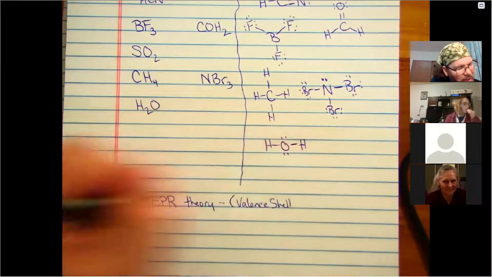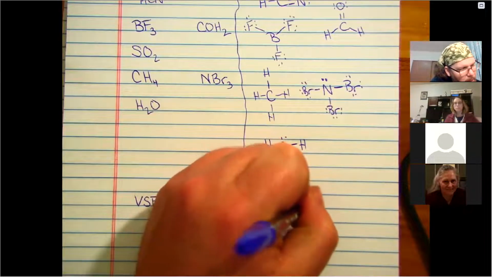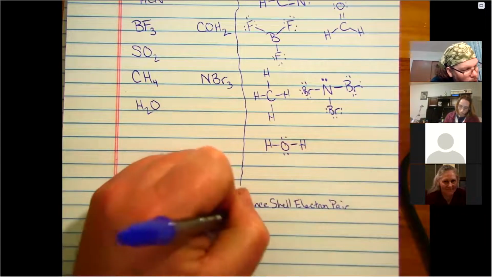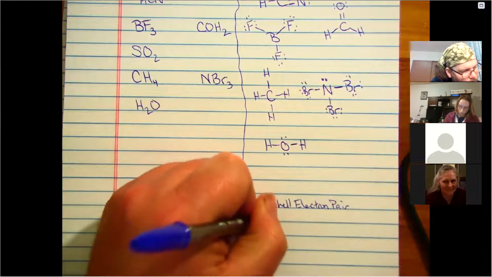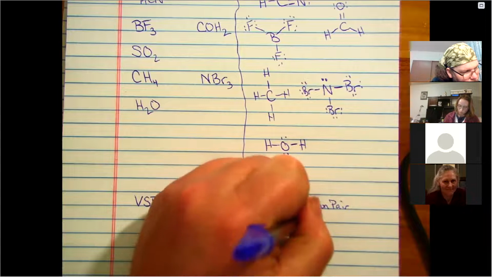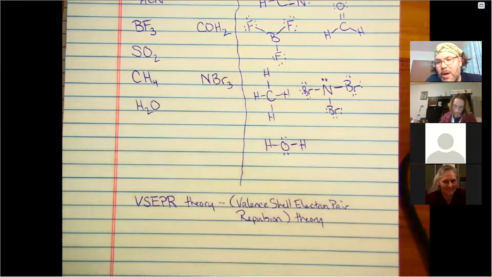That stands for valence shell electron pair repulsion theory. Now, that sounds really, really hard. Valence shell electron pair repulsion. That sounds like something out of Star Trek, except it's not.